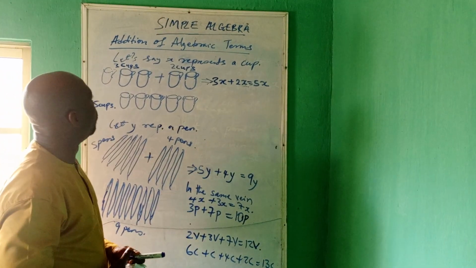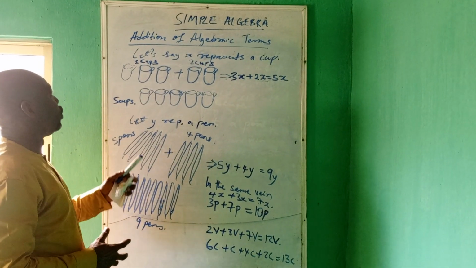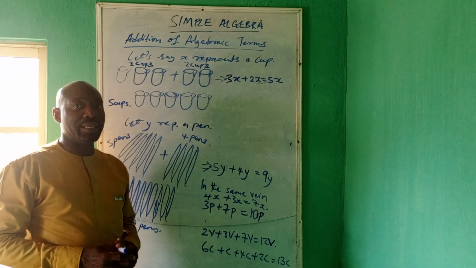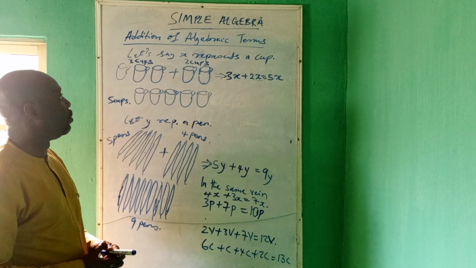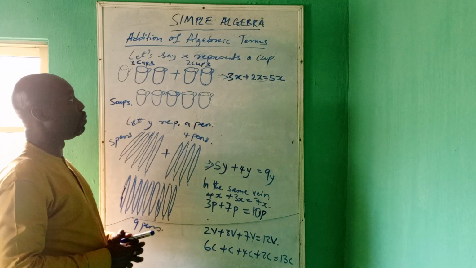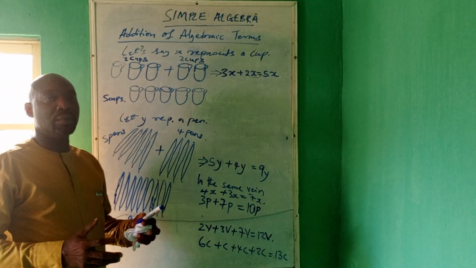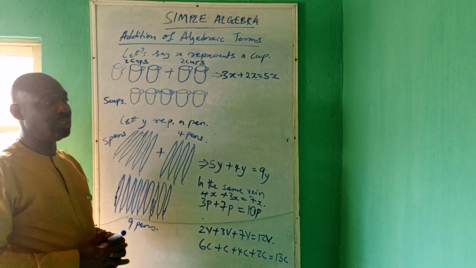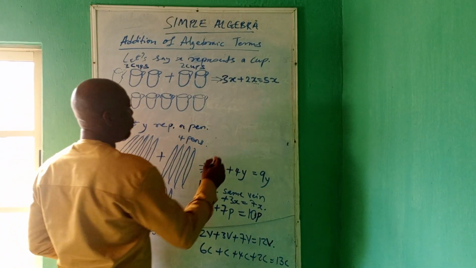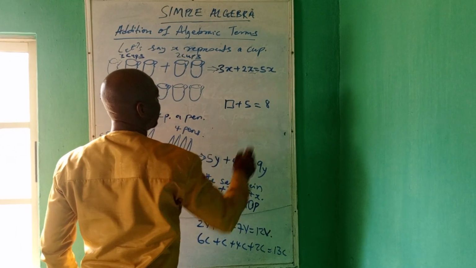Today we are going to be learning simple algebra, and the topic we have on the board is addition of algebraic terms. Before now, I've made videos on the introduction of simple algebra, where I told you algebra started from our open sentences, which we learned in our primary school, like box plus 5 is equal to 8.